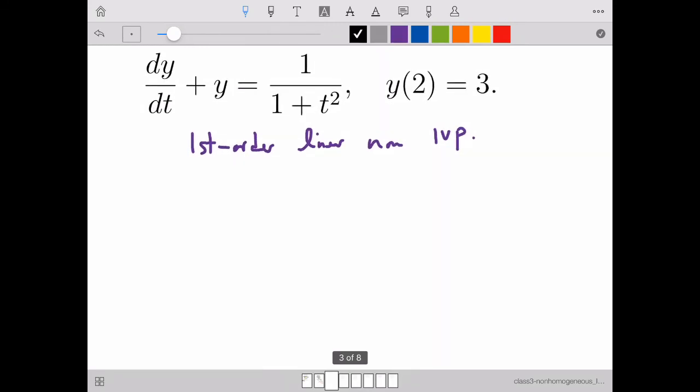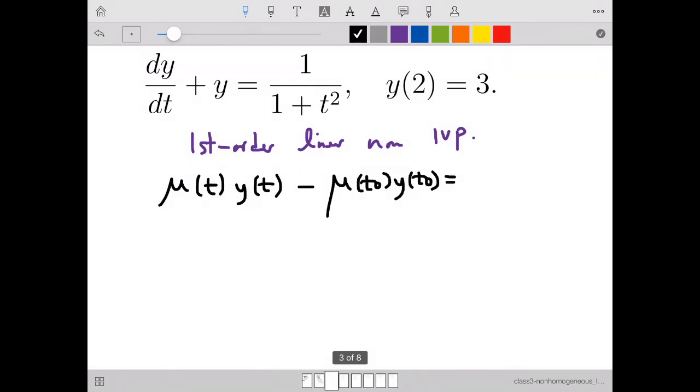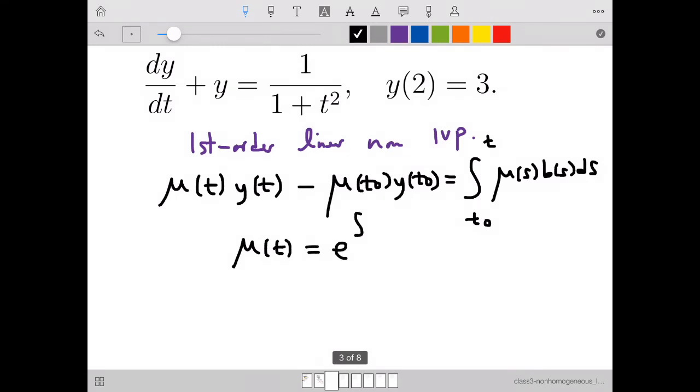So it is mu of t y of t minus mu of t0 y of t0 equal to the integral from t0 to t of mu of s b of s ds, where mu of t is e to the integral of a of t dt, right?